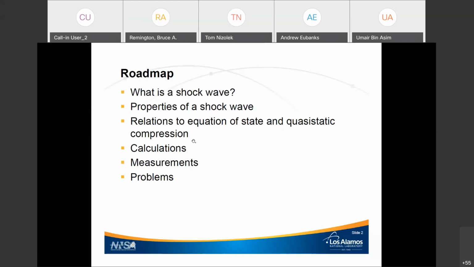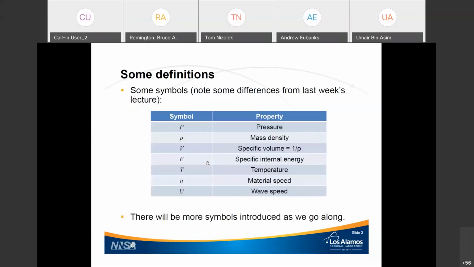I'll talk a little bit about how calculations are done involving shock waves, because that turns out to be a major issue in shock wave research. I'll discuss some of the types of measurements that are made, and then we'll cap the session with a couple of problems.